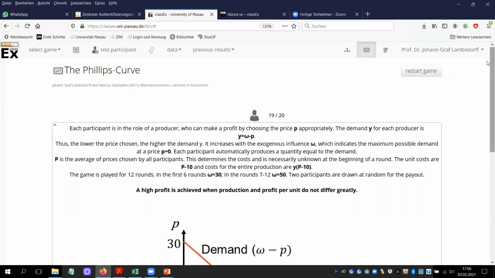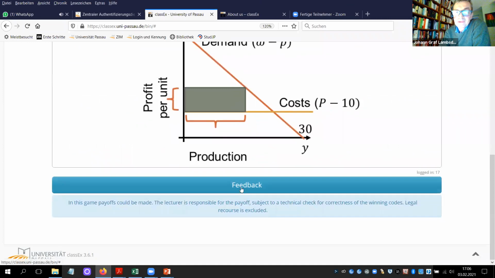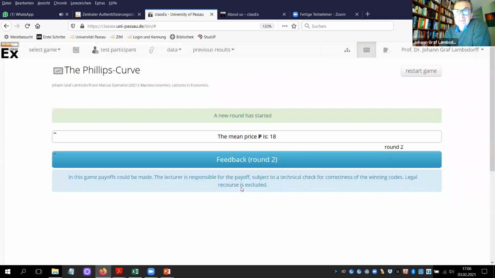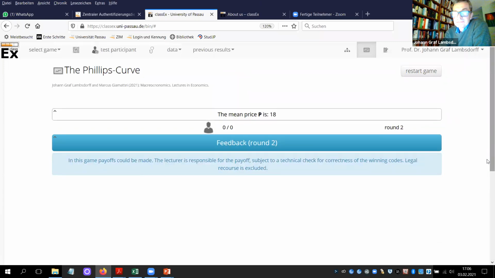Okay, I think we are done. You all have decided. So at first I give you the feedback. And what you see here, the mean price is 18. Right away you can now enter the second round, having learned a little about the prices of all the others.